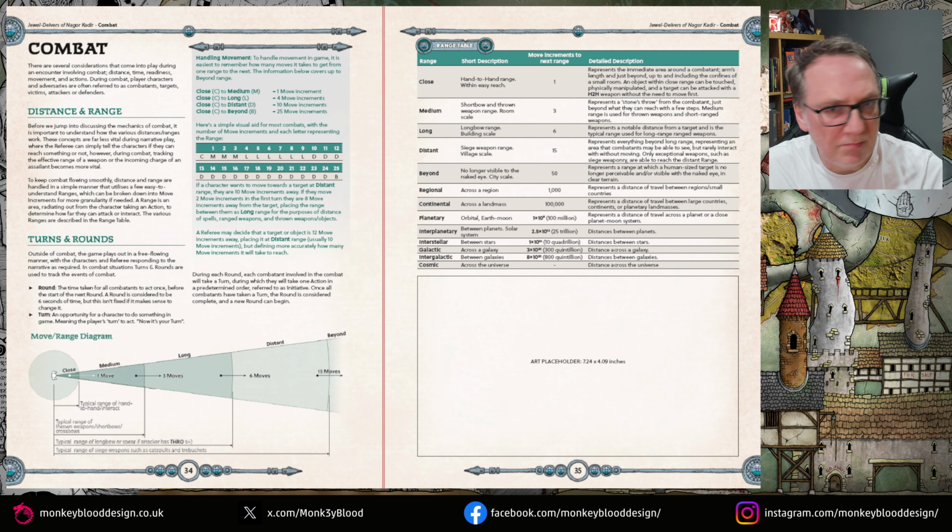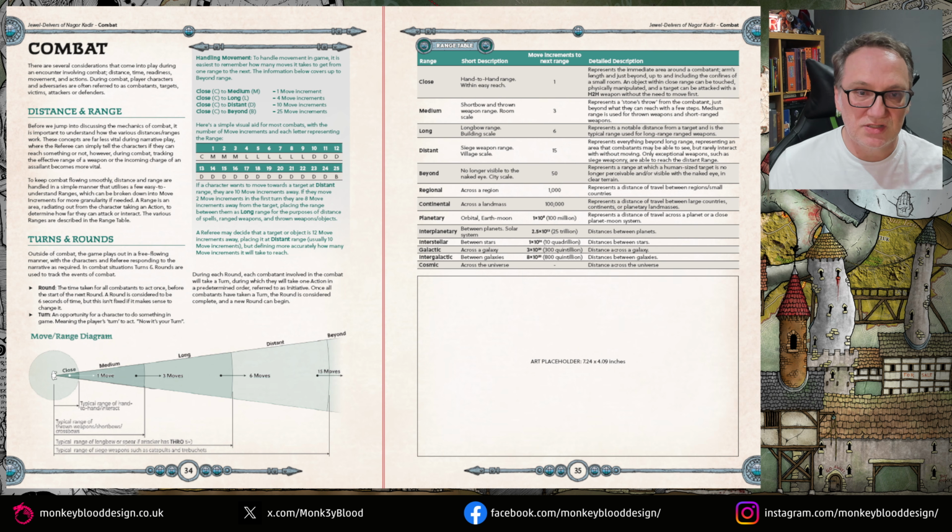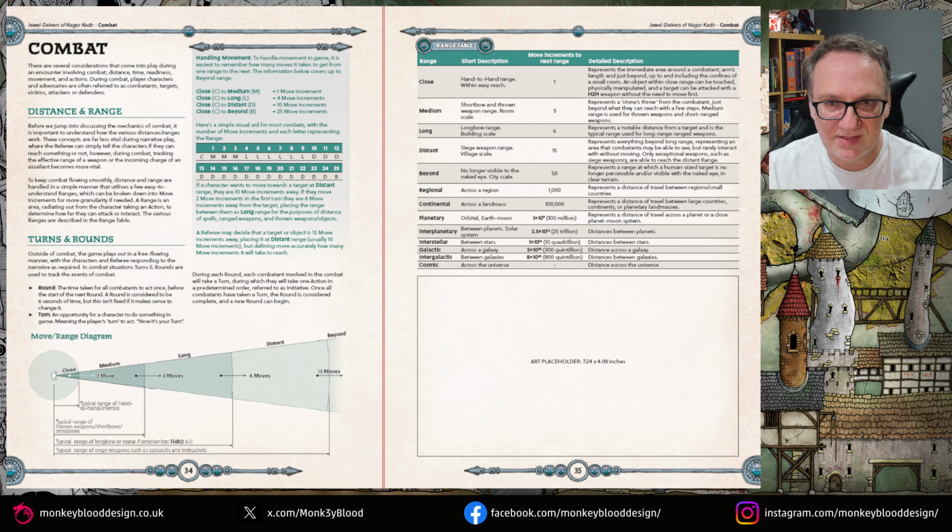So combat and movement works just by move increments into ranges. So you go from close to medium to long to distant to beyond, and then we've basically got a table that tells you how many move increments it takes to get from, you know, close to beyond would be 50 move increments.